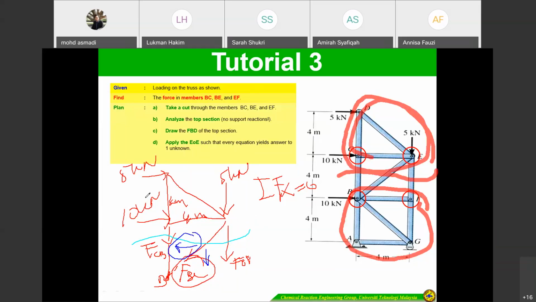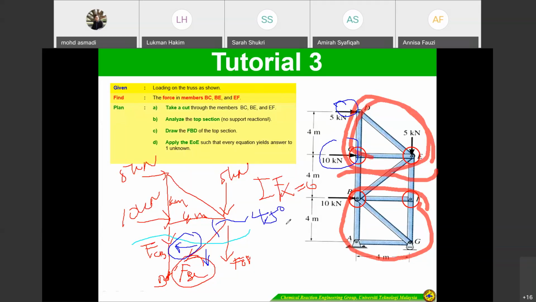So if you look at here, 5 kilonewtons plus 10 kilonewtons minus negative FBE. This one is 45 degrees, because it has the same length. Okay, 45 degrees.